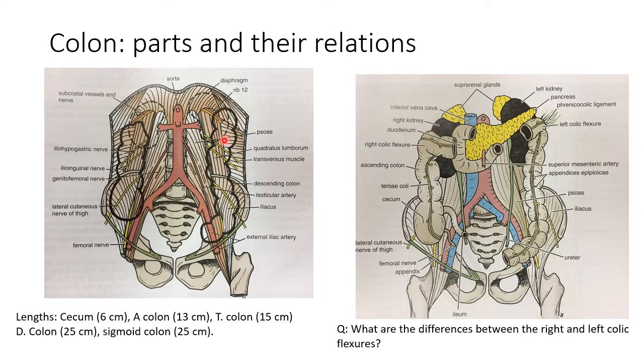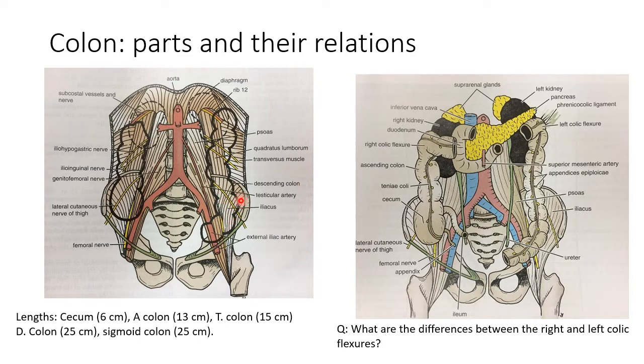So the descending colon is much longer than the ascending colon, and that's why it is usually on the right side. The posterior relations which are shared by the cecum and the ascending colon are now related to the descending colon again, and you can list the same structures again.